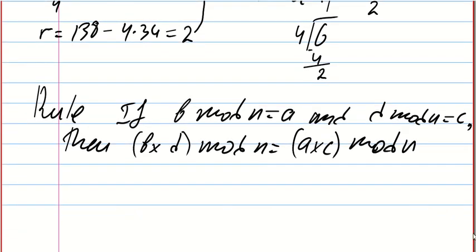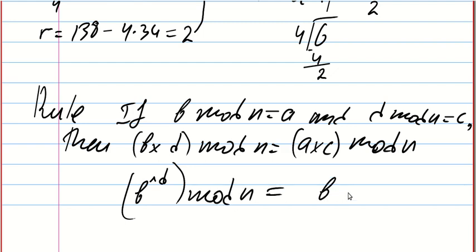But the consequences of this rule are very important. For example, if you have b to the power d mod n, you can do b mod n to the power d if d is an integer.